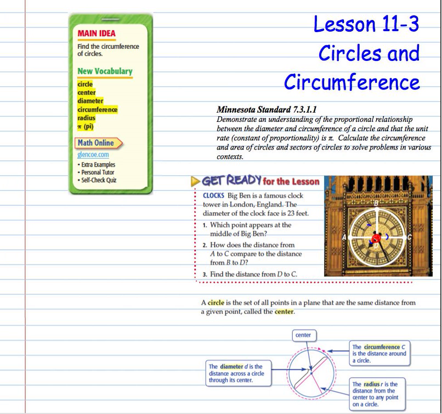How does the distance from AC, this distance right here, compare to the distance from BD, from B to D? It would appear to me that BD is about half, is half of AC.